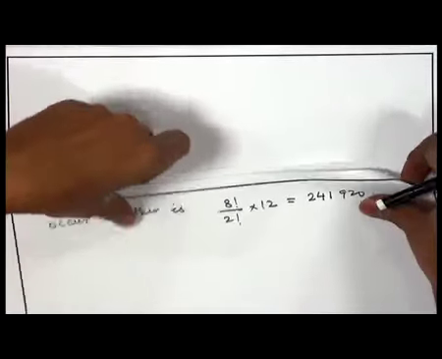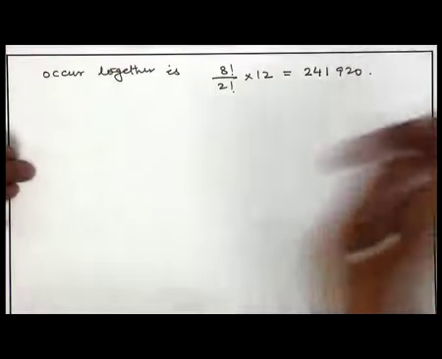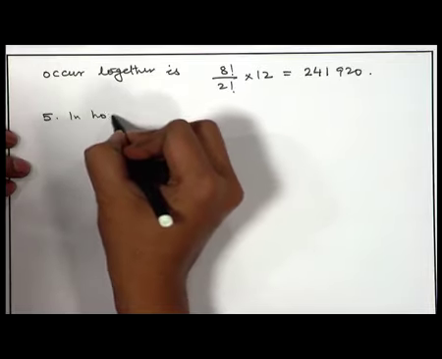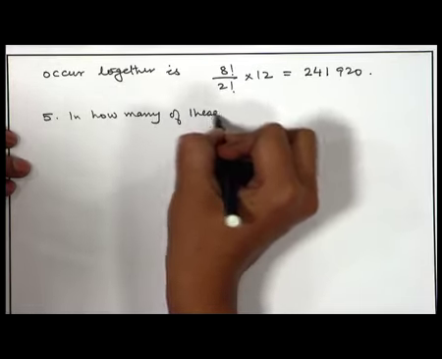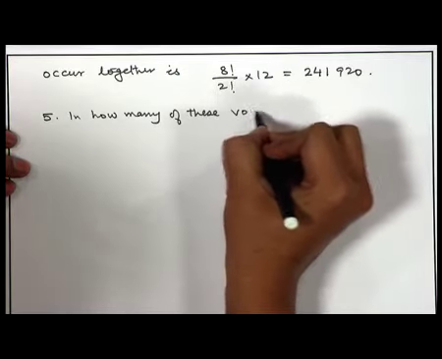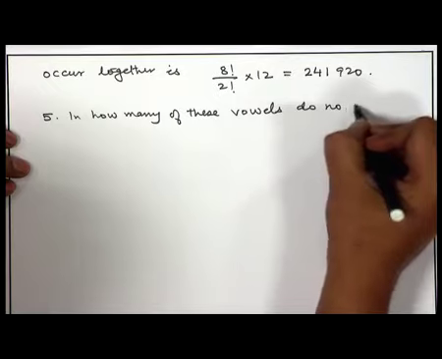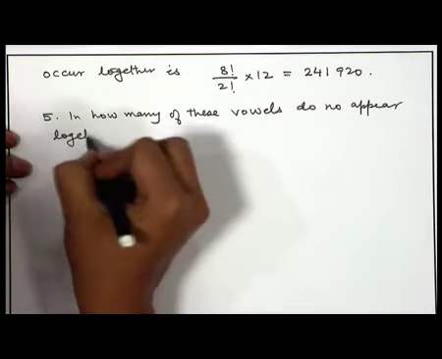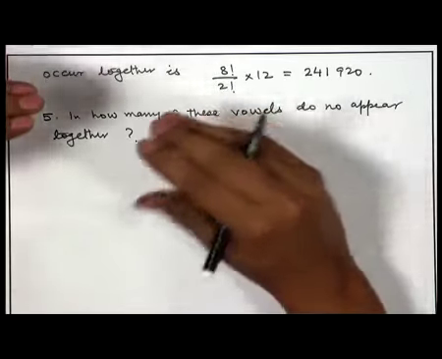Suppose we say vowels do not appear together. In how many of these arrangements do vowels not appear together? Then it will be the total number of arrangements minus the number of arrangements in which the vowels are together.